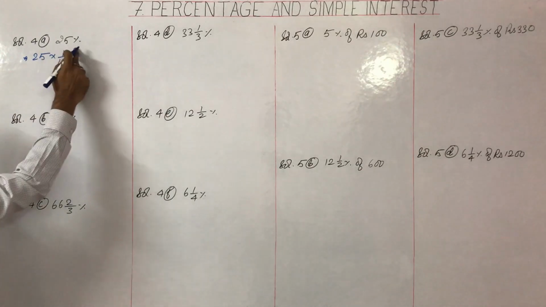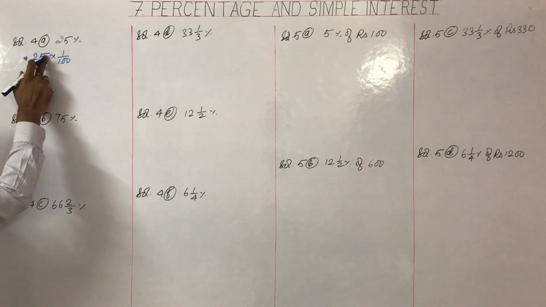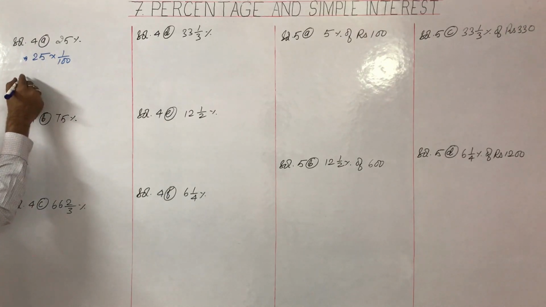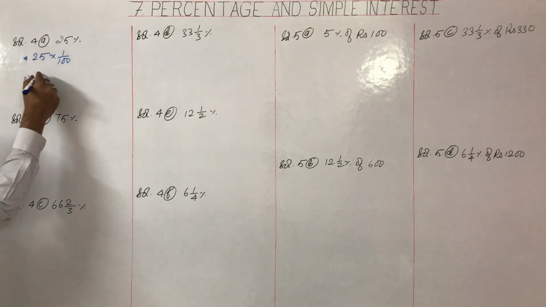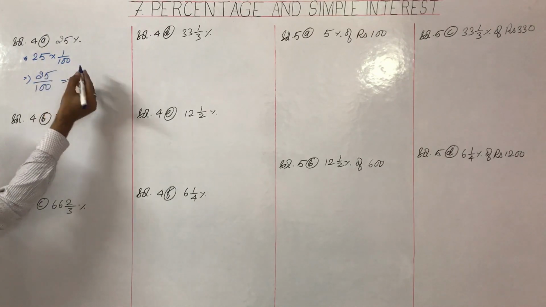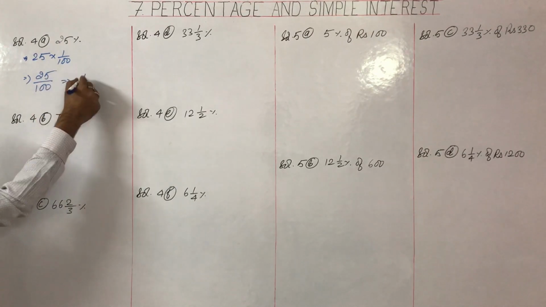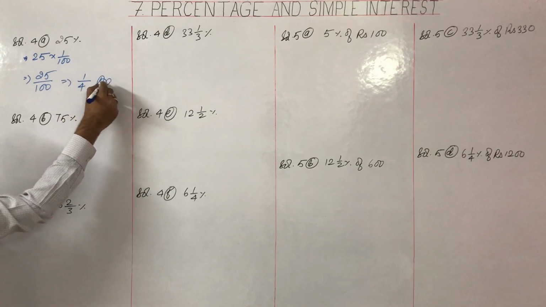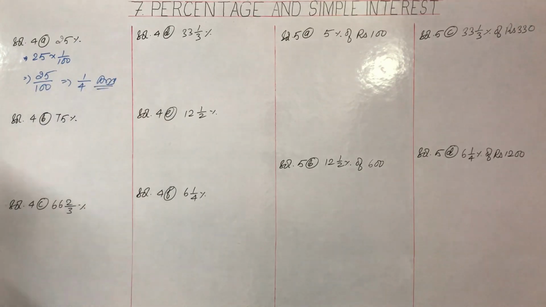Percent means 1 by 100, or just divide that number by 100 and reduce it to the lowest form. So 25 by 100: 25 1s are 25, 25 4s are 100, so 1 by 4 is the fraction for 25%.